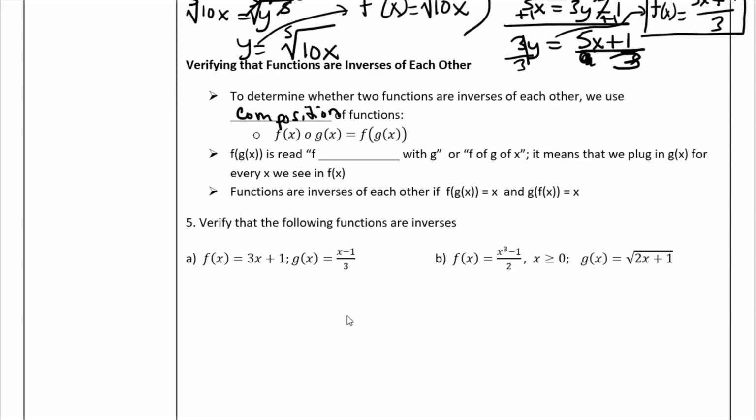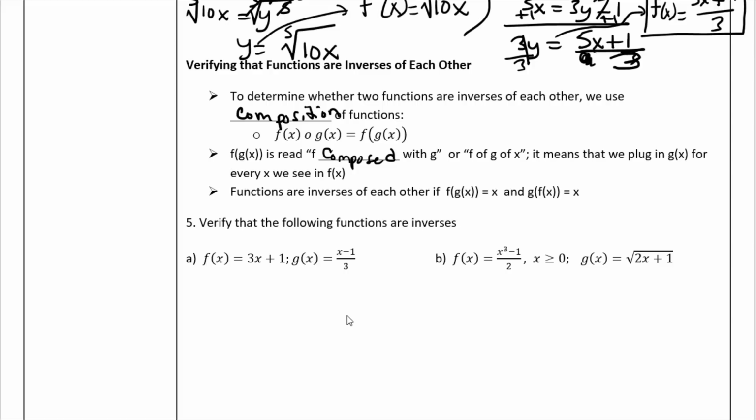Okay, so like this here, you see this little circle? This is f of x, circle g of x, also known as f of x composed with g of x. And this is f of g of x. So notice that whatever's after the circle is inside the parentheses. So this is read as f composed with g, or f of g of x.